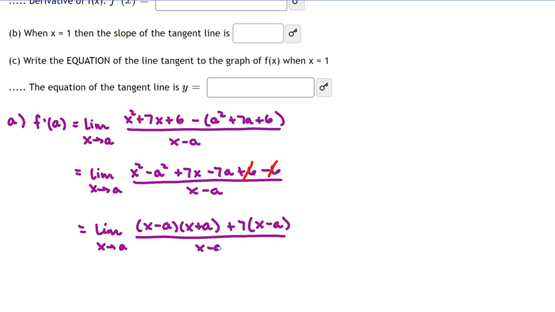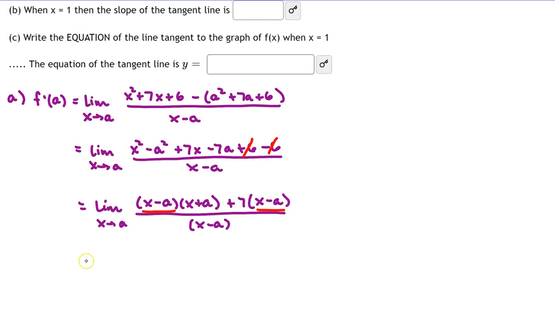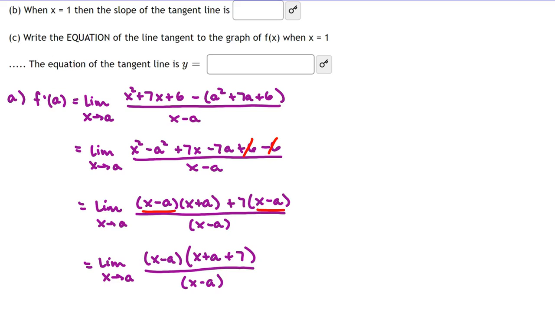So notice that we have x minus a as a factor of both parts. We have an x minus a here, and we have an x minus a there. So we can factor x minus a out of both parts. And that's going to leave us with x plus a plus 7. And then we can cancel the x minus a from the top and the bottom.